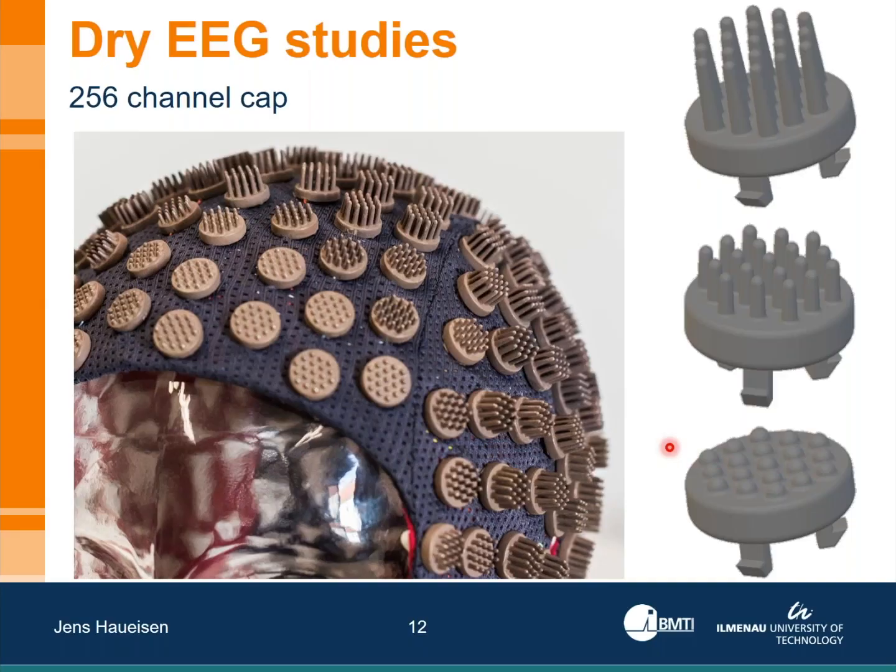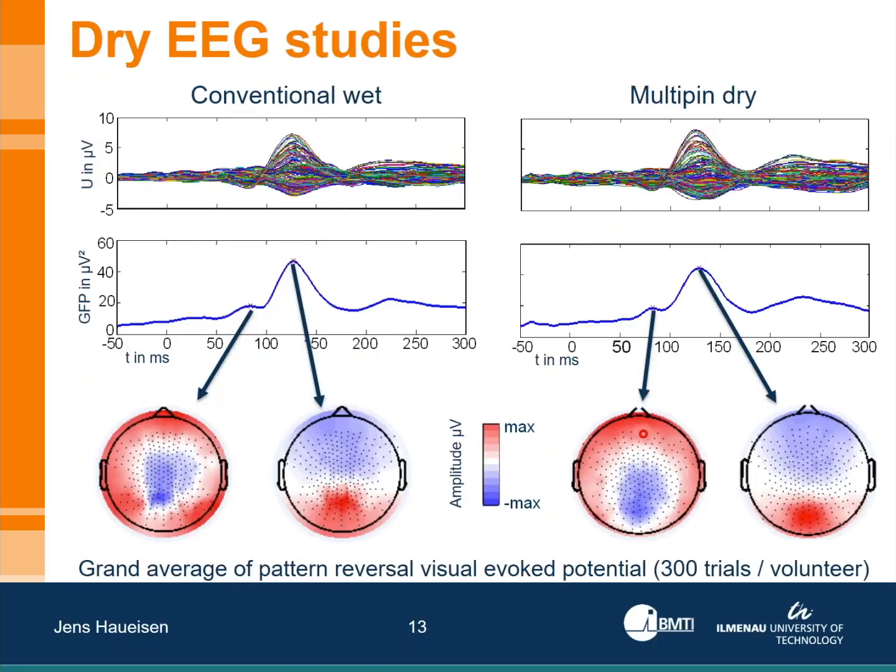With this, we also did a comparison study, and this time I show you the results for the visual evoked potentials. You see up here the averaged trials, about 300 per volunteer, with the averaged channel plot and butterfly plot of all the 256 channels for the wet cap on the left side and for the dry on the right side.